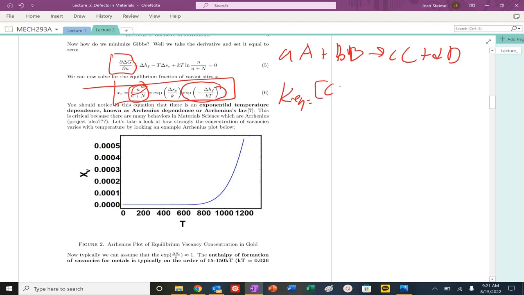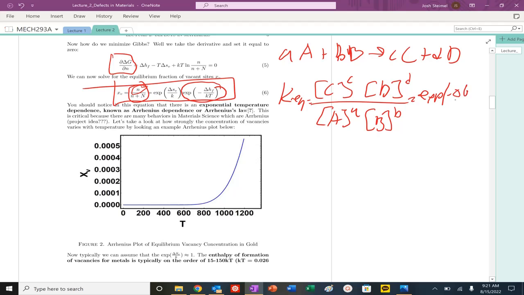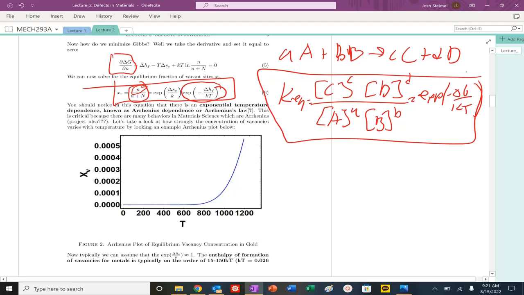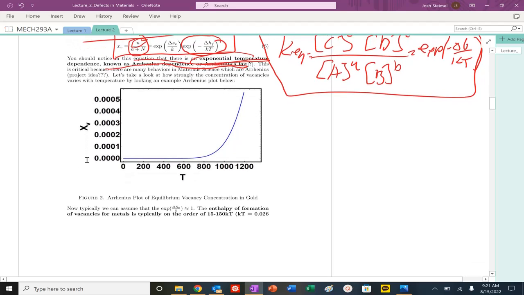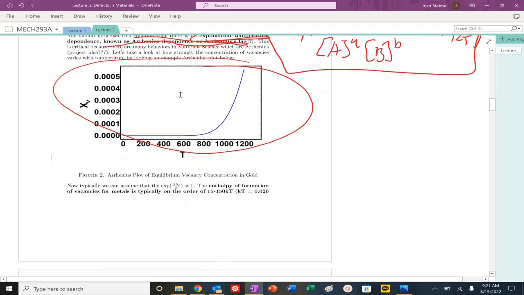It's the concentration of products over the concentration of reactants, and that's proportional to some exponential of minus delta G over kT. Hopefully you've seen this in chemistry and other classes before. This is an example of an exponential temperature relationship, an Arrhenius dependence, an Arrhenius law, and you could plot that and see that exponential increase, as you might expect.